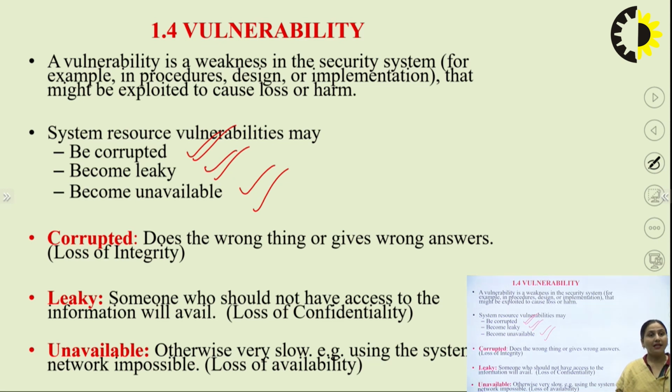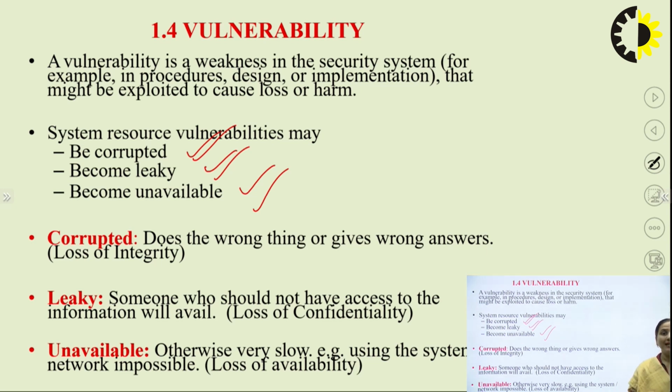Now, the second concept is basically leaky. Leaky means someone who should not have access to the information will get access. What is basically the aim? The aim is that only the authorized, authentic ones are able to access the data. That means the one who does not have access to a particular information should not be able to access the data.